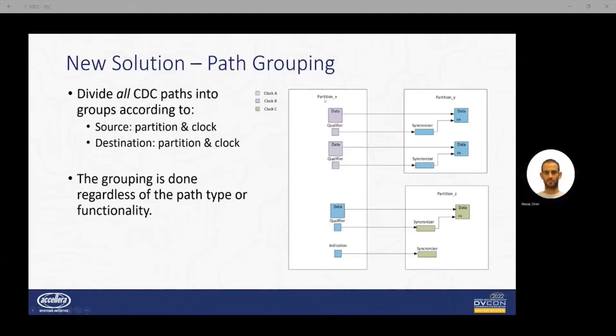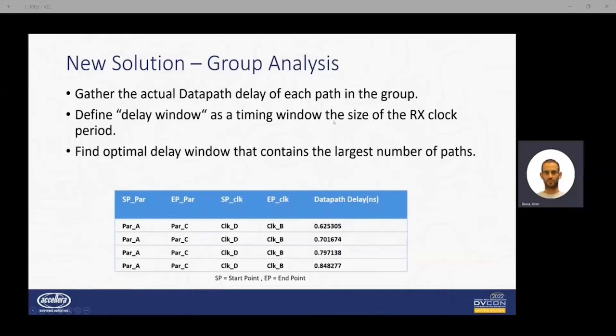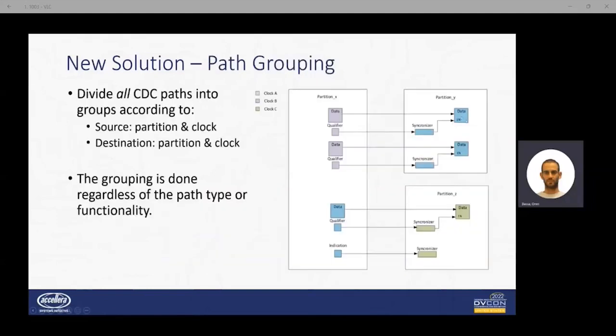For example, here we have paths from partition X to partition Y. The paths at partition X are clocked by clock A, and are sent to paths in partition Y that are clocked by clock B. We'll group all of those paths together in a single group. Another example for a group can be the paths from partition X to partition Z, clock C. All of those paths are grouped together as well.